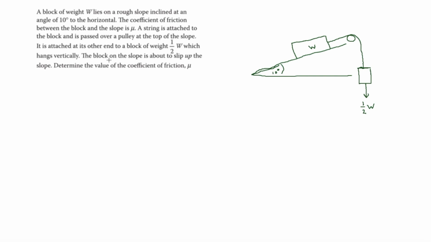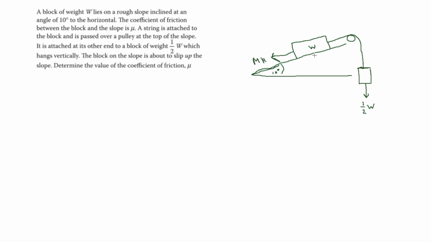So the block on the slope is just about to slip up the slope, which means that friction is going to be acting down. And that means friction is just going to be mu R. We don't know any of those at the moment.